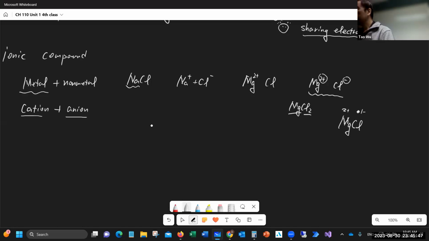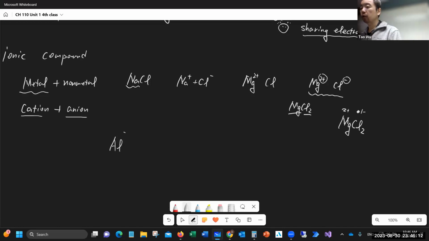That's why you need 2 chlorides to balance the 2 positive. So when you write the correct formula, you base it on the charge of the cation and anion. This is one example.